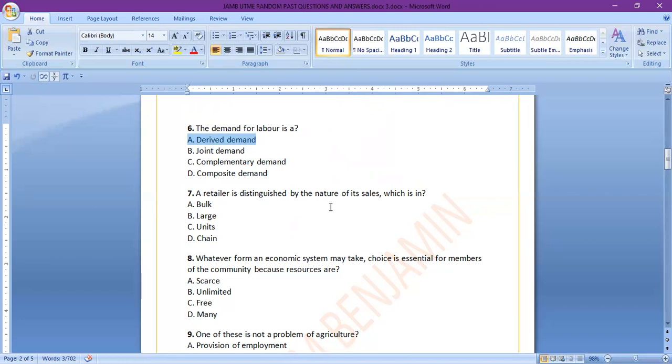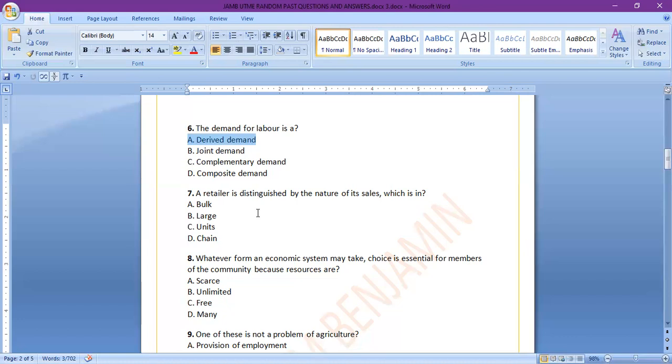A retailer is distinguished by the nature of its sales, which is in A, bulk. B, large. C, unit. D, chain. Like I explained earlier, the retailer and the wholesaler are in the middle of the producer and the final consumer.